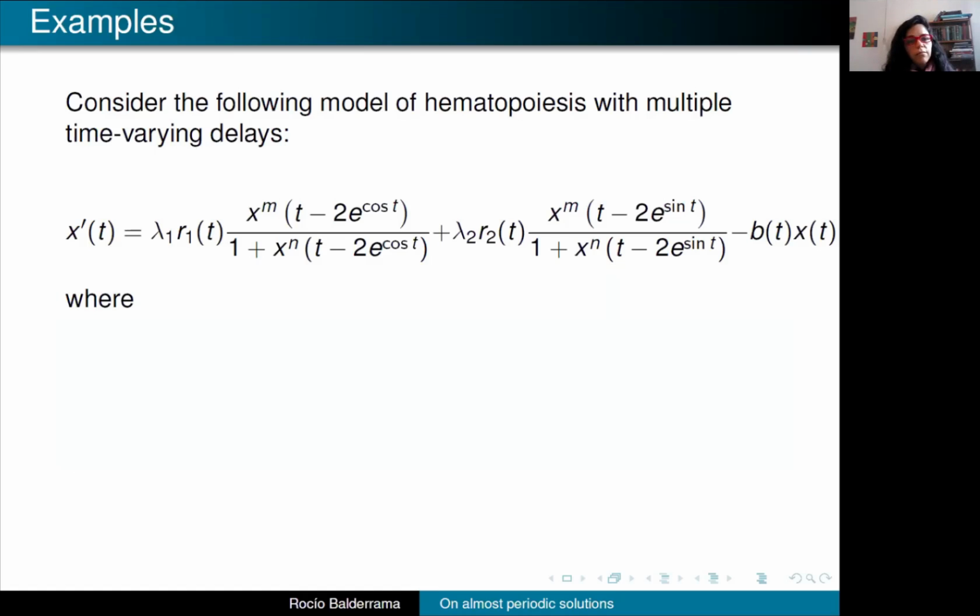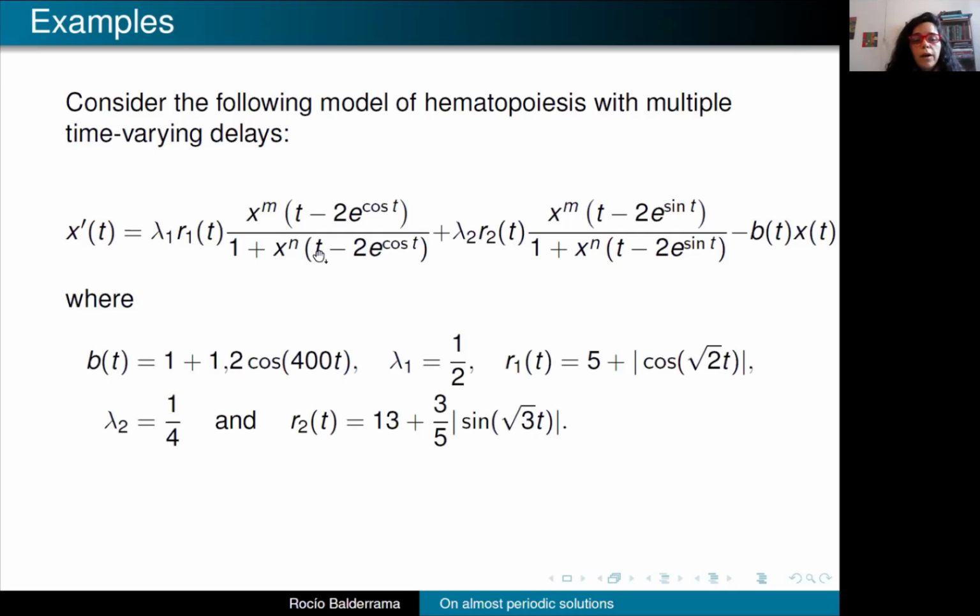And to illustrate our theoretical results, we give some examples for each theorem. So we consider in this example the following model with multiple time varying delays. This one, only two compartments, one with this nonlinearity and this other one, and this is the delay, and where B, the oscillating function, is this one.